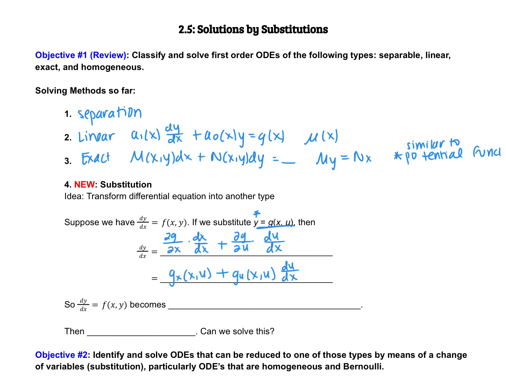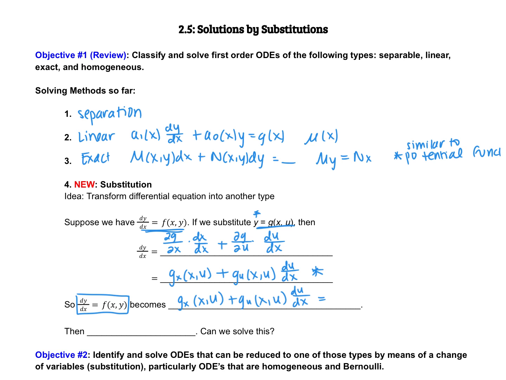Okay, so at this point, we're going to go back to the original differential equation that we had above. For dy/dx, we're going to replace that with the expression that we just found. So our dy/dx, we get g_x of x,u, add g_u of x,u, du/dx.